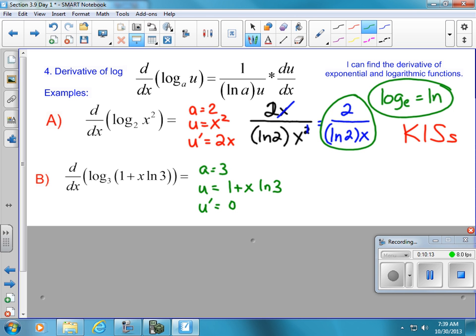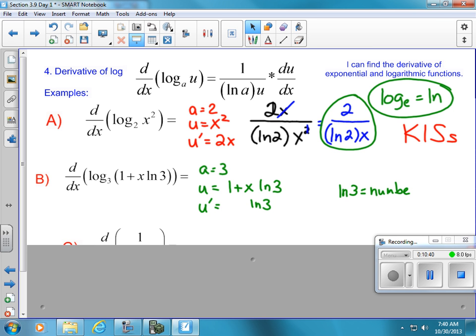The derivative of x times ln of 3: ln of 3 equals a number, so this is like having a 4x. The derivative is just the number. So number times x, the derivative is ln of 3. We don't need the 0 written there anymore. The derivative is ln of 3.